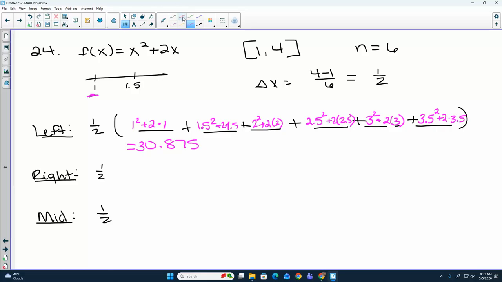The right-hand sum, we do the same way, but the first number we plug in is the right-hand endpoint. So I start with the 1.5. Still going up by a half each time. So next I plug in 2. Next I plug in 2.5.